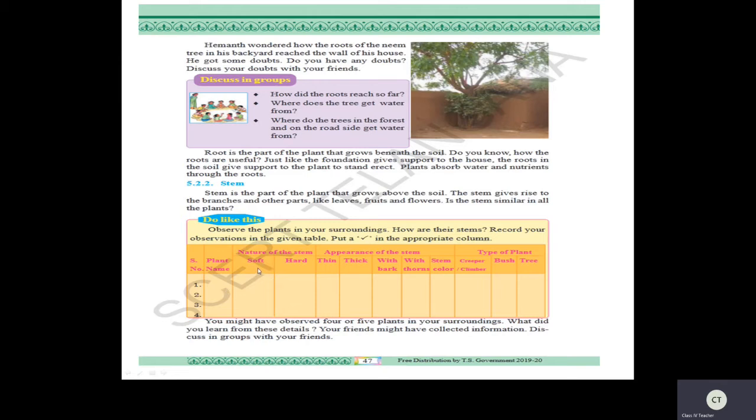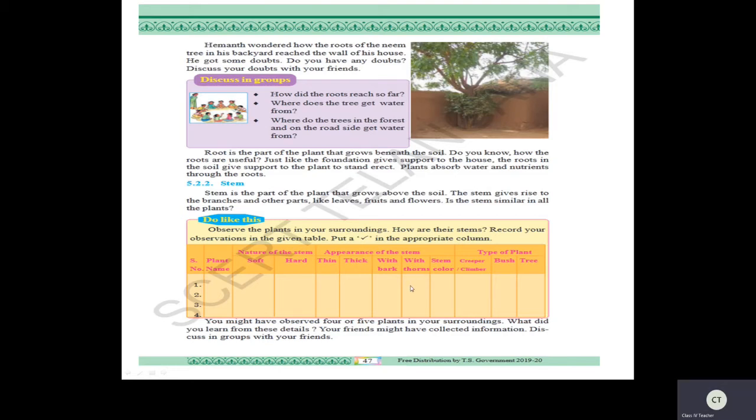So is the stem of the hibiscus plant soft? No, keep it wrong here. It is hard. Is it thin or thick? You have to write. It is not so thin and it is not so thick, but it is somewhat hard, so you can write thick. With bark? No, it is not having bark.